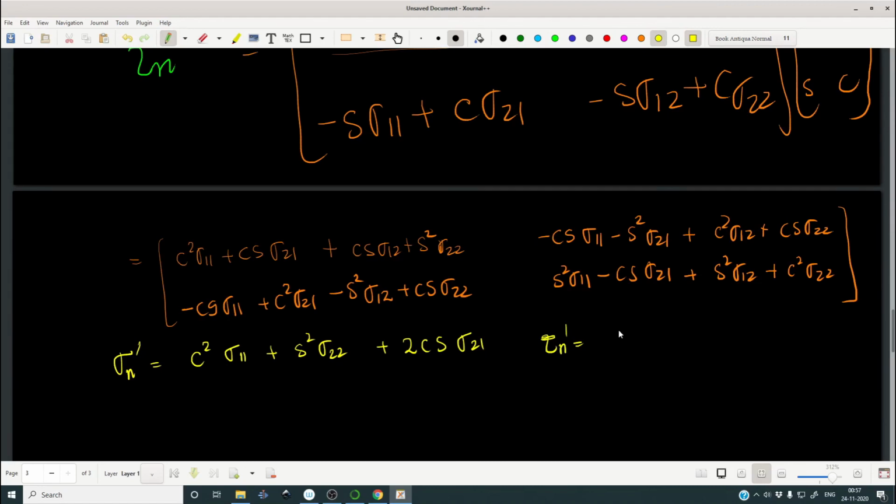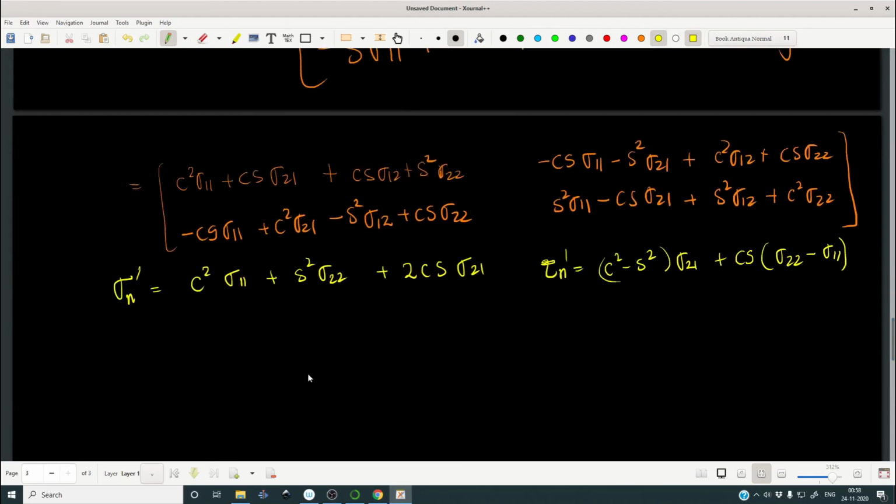So sigma 2 1 they're equal. Alright, so this is C square minus S square of sigma 2 1 plus CS times sigma 2 2 minus sigma 1 1. And if you note that this element is also equal to this, sigma 2 2 minus sigma 1 1 times CS, so it checks out. So it's symmetric as well. The transformed matrix is symmetric as well.